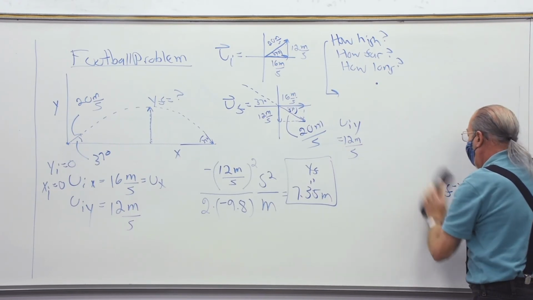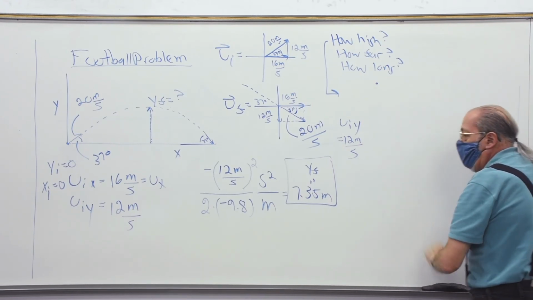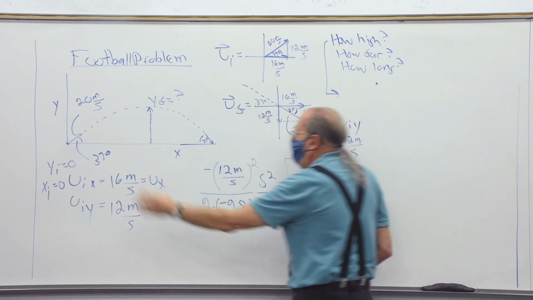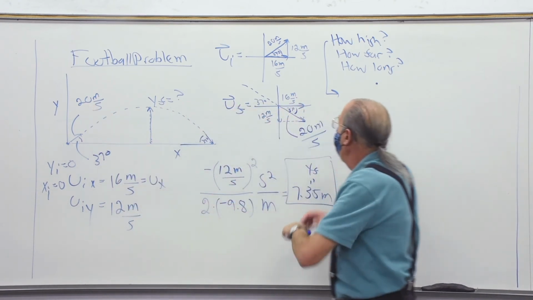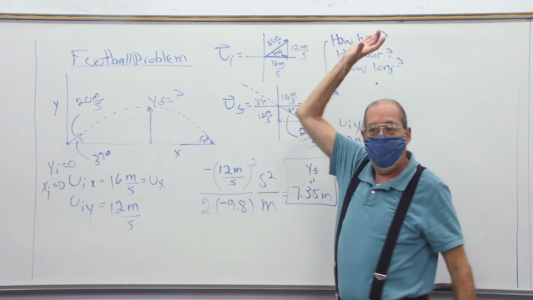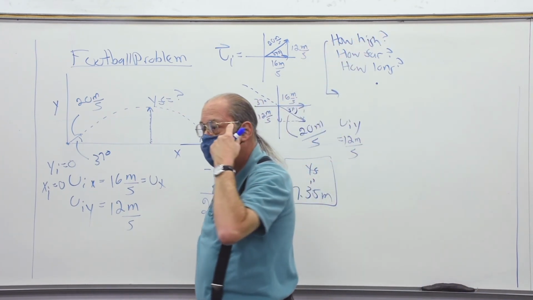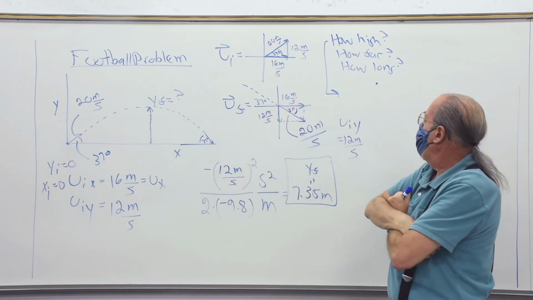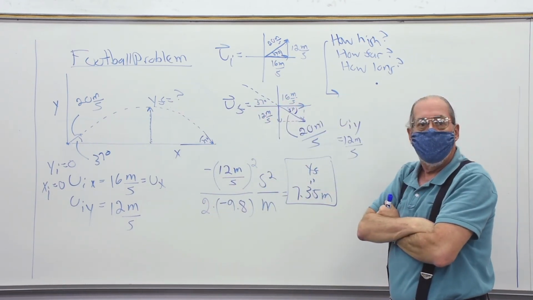See, once you get one answer, you can go get another one. An object is thrown upwards, not at 20 meters a second, but at 12 meters a second. How long does it take to get up to the top?